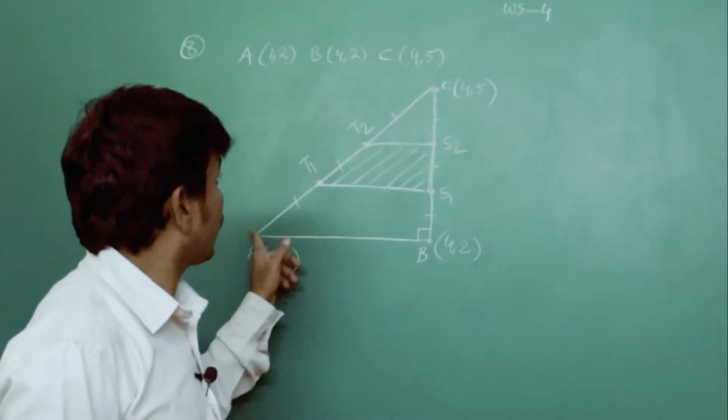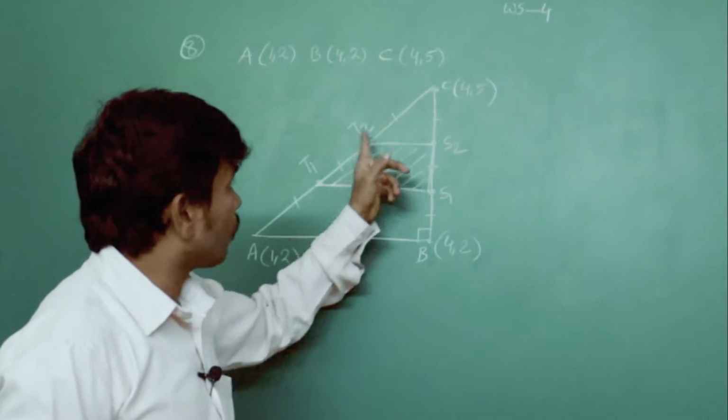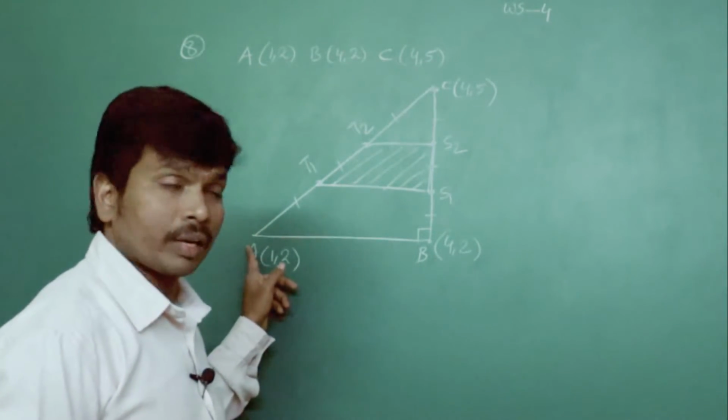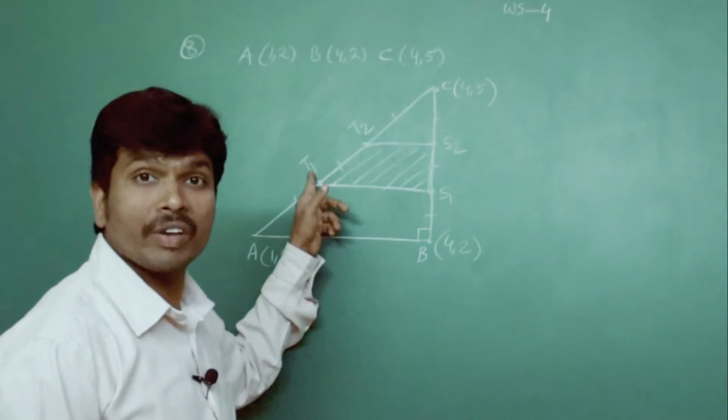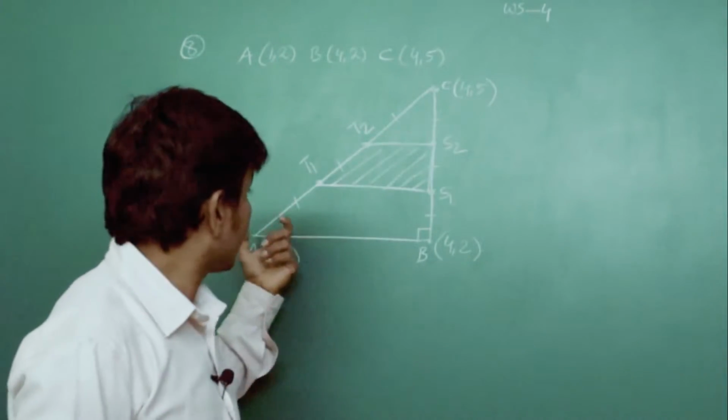T1 divides AC in the ratio 1:2. Take the ratio 1:2, and with one point A and the dividing point T1, easily we can find with the help of A and C and the ratio.